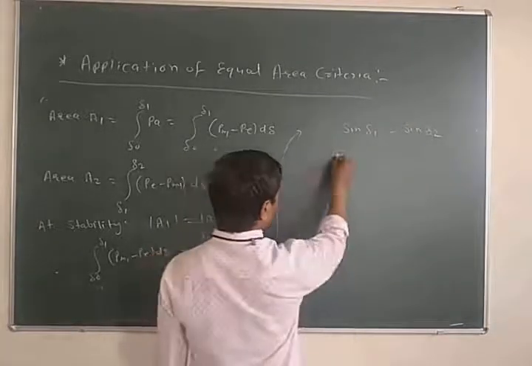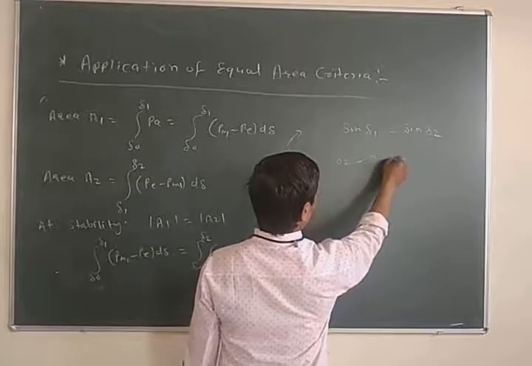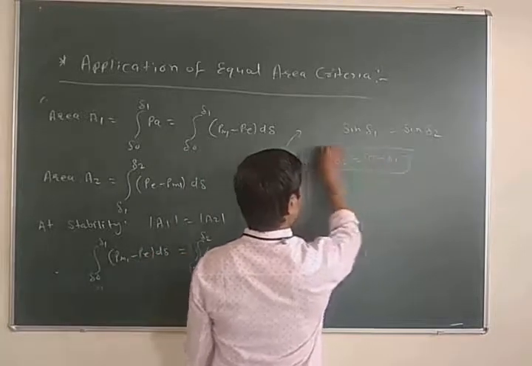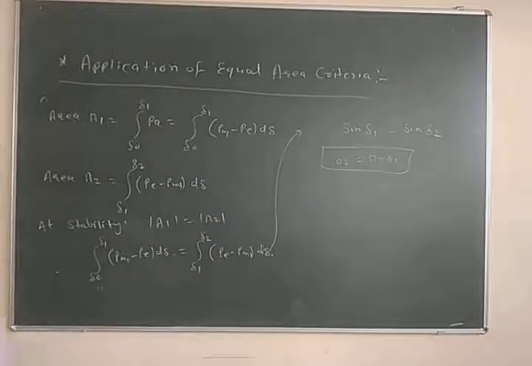So del 2 is equal to pi minus del 1. This is the condition for stability. If del 2 is equal to pi minus del 1, then sine del 1 is equal to sine del 2, and the system is stable.